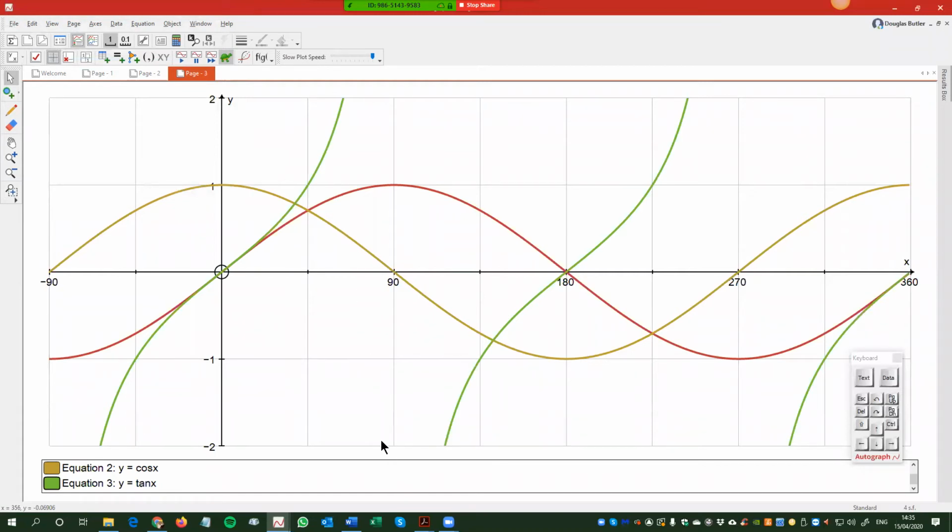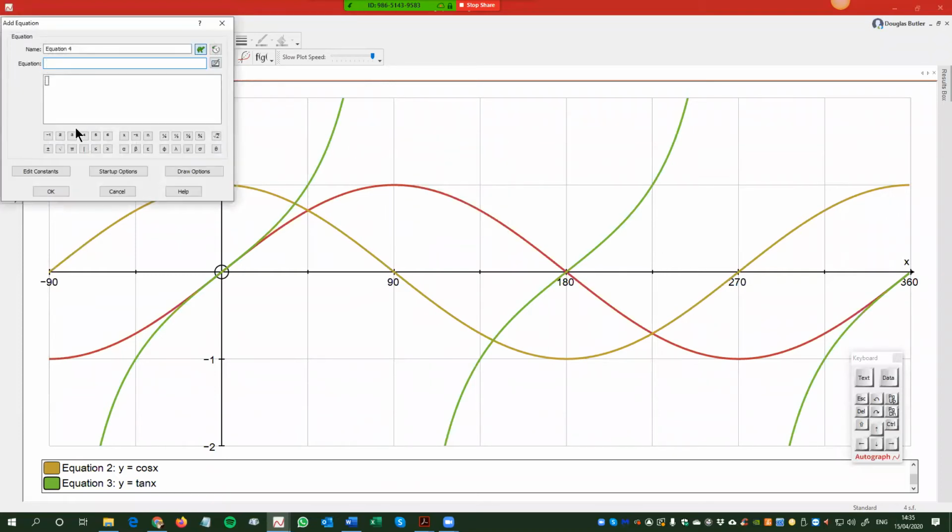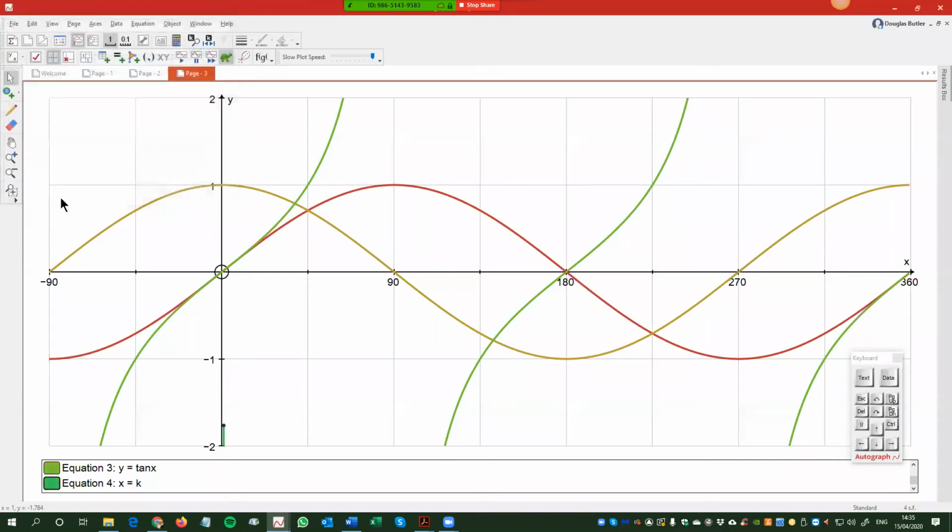And some people like to draw the asymptotes here, which are the vertical tangents at, well, there's one here at minus 90, one at plus 90, one at 270. So quite a nice way of doing that is to draw the line x equals k. Now k will be 1 at the start, which isn't terribly useful. There it is.